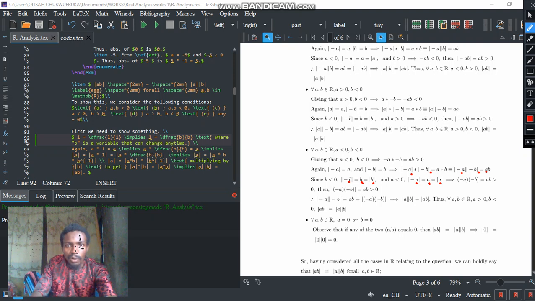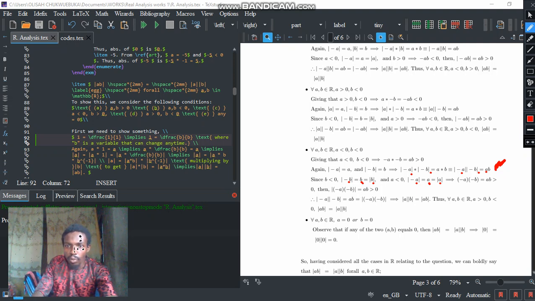Then absolute value of this negative A and negative B is equals to what? AB, and is greater than what? 0. Therefore, we can now say that absolute value of negative A, absolute value of negative B is equals to what? AB. From this very first one here, absolute value of negative A, absolute value of negative B is equals to AB.